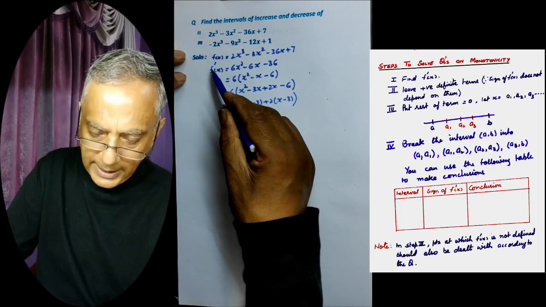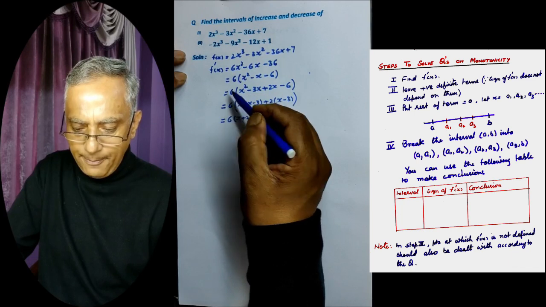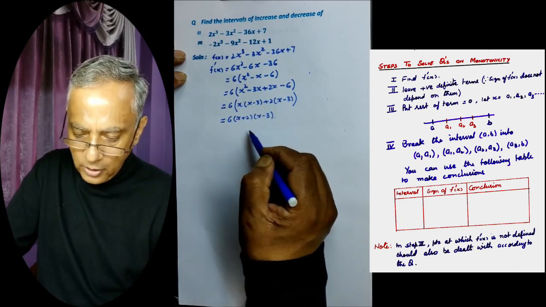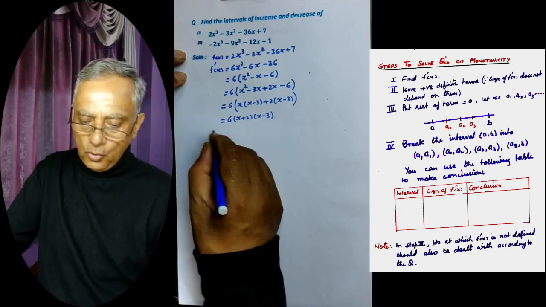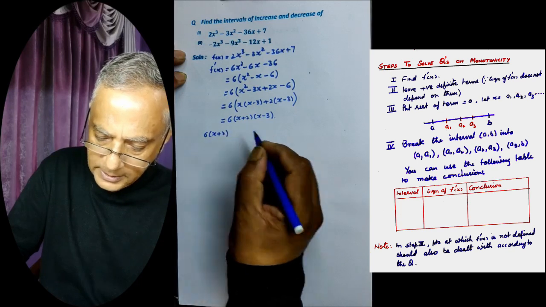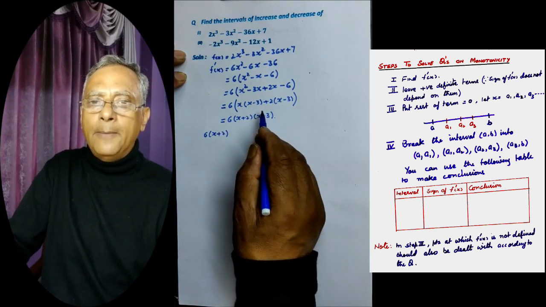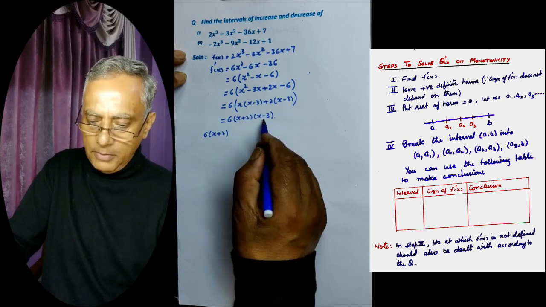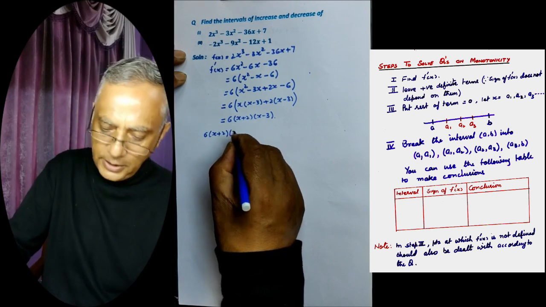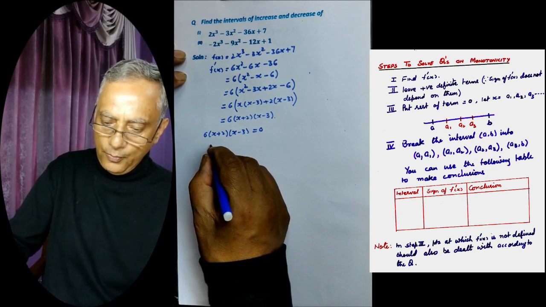Now the first step is find the derivative, and the second step is leave any positive definite terms. There are no positive definite terms in this, so we put this directly equal to 0. 6 into x plus 2 into x minus 3 equal to 0.